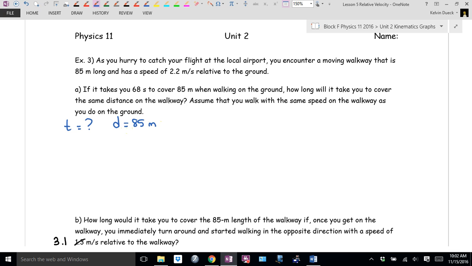Is there more than one speed, more than one thing moving in this question? I think so. There's the walkway and the walker. So we are going to use relative speed.